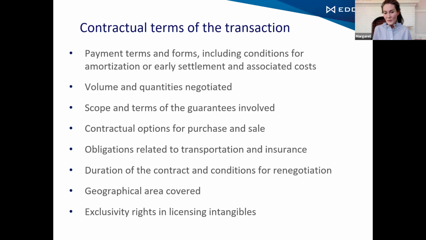So even if there's a difference between any of these contractual terms for your comparable company and how it's interacting with its suppliers or its customers, even if any of these terms are different from how the related party is interacting with its affiliate, all of these things can be adjusted for.